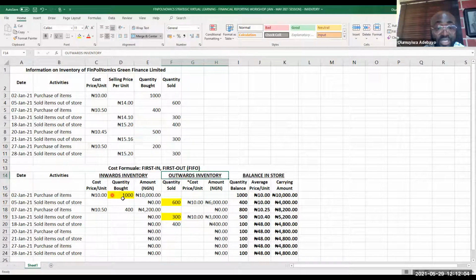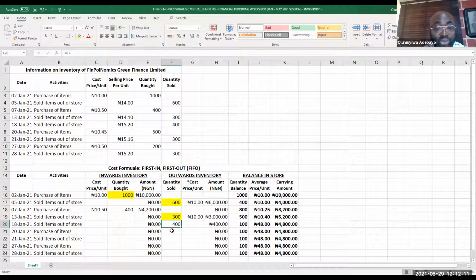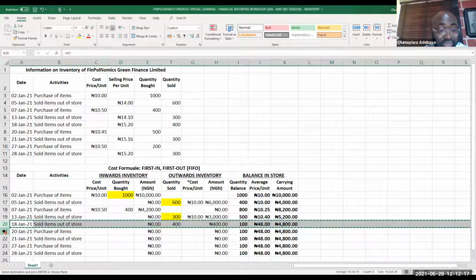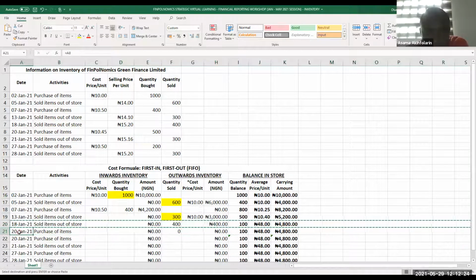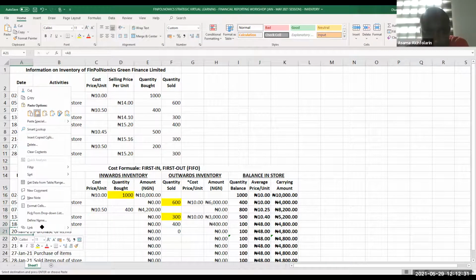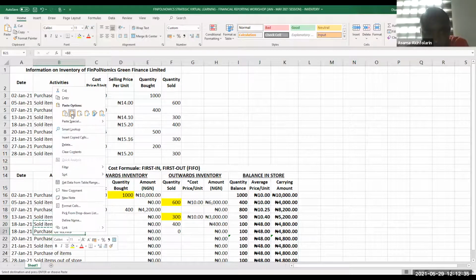Of that 100 that is left, I will sell 100 here, and I'll sell 300 from the next batch.